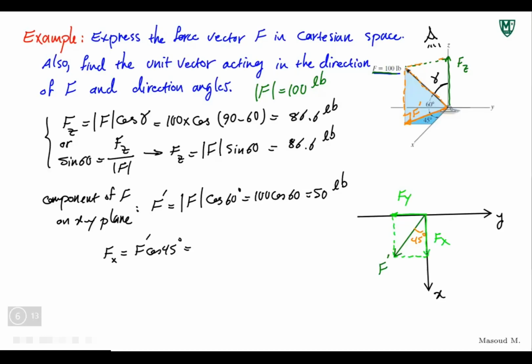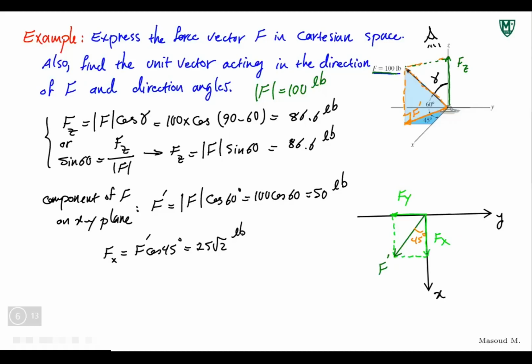You're going to use that very frequently, over and over. So be very comfortable with finding the components, knowing the hypotenuse, or finding the hypotenuse, knowing one side, adjacent or opposite, in a right triangle. So F prime cosine 45 degrees will give you 25 square root of 2 pounds.